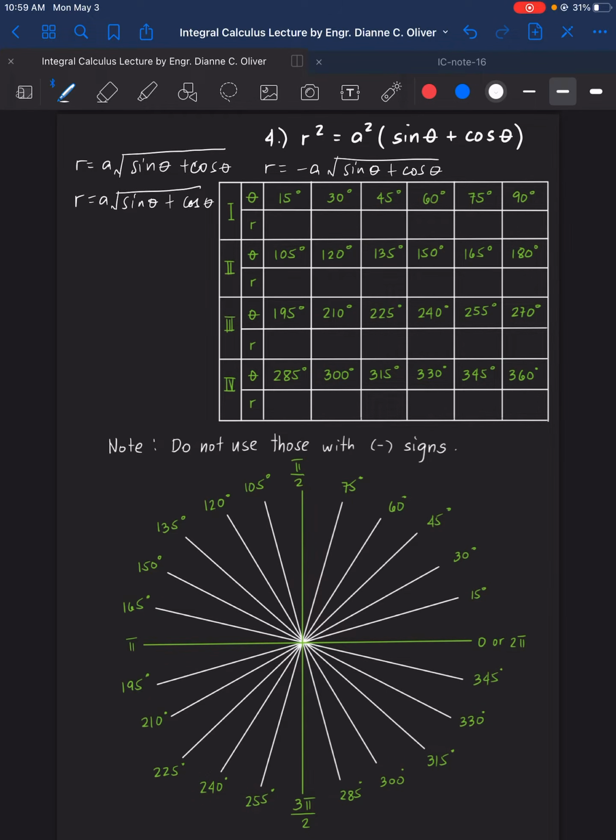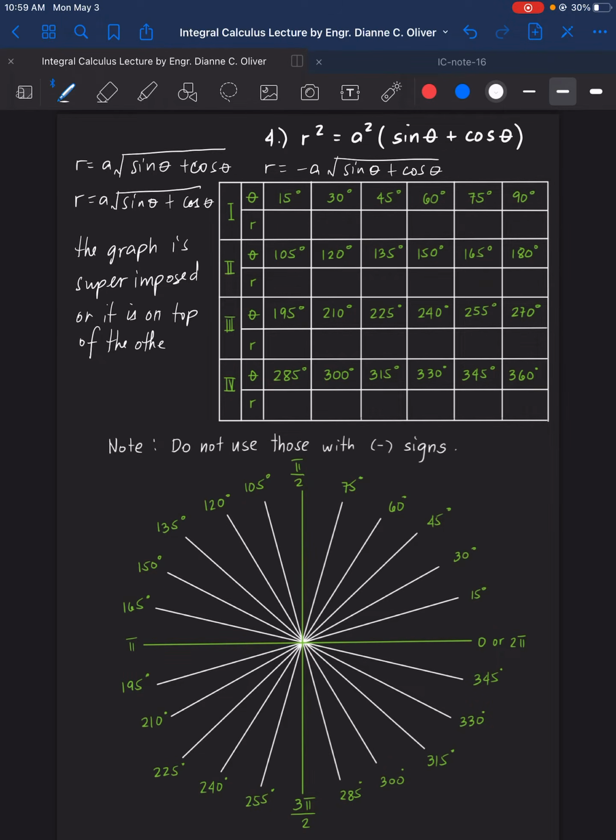Meaning, we're going to do this solution twice. The reason is the graph is superimposed, meaning it is on top of the other.